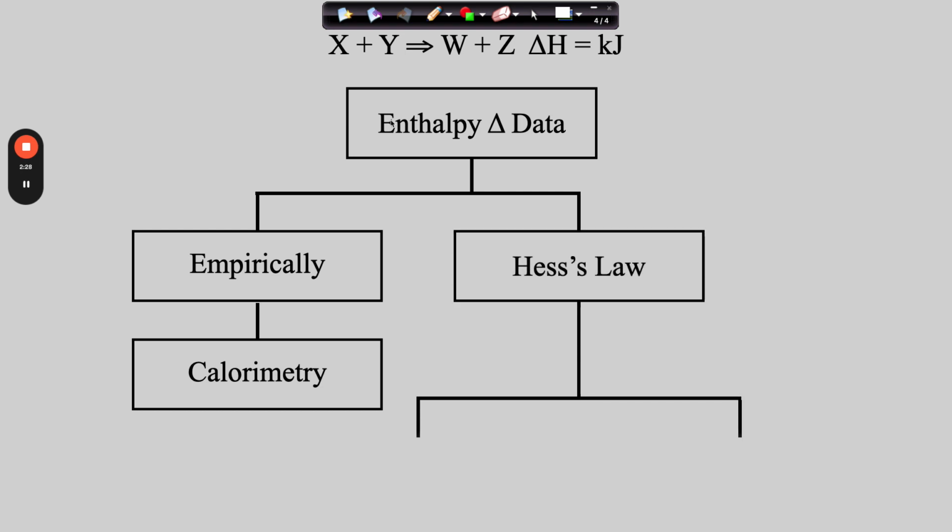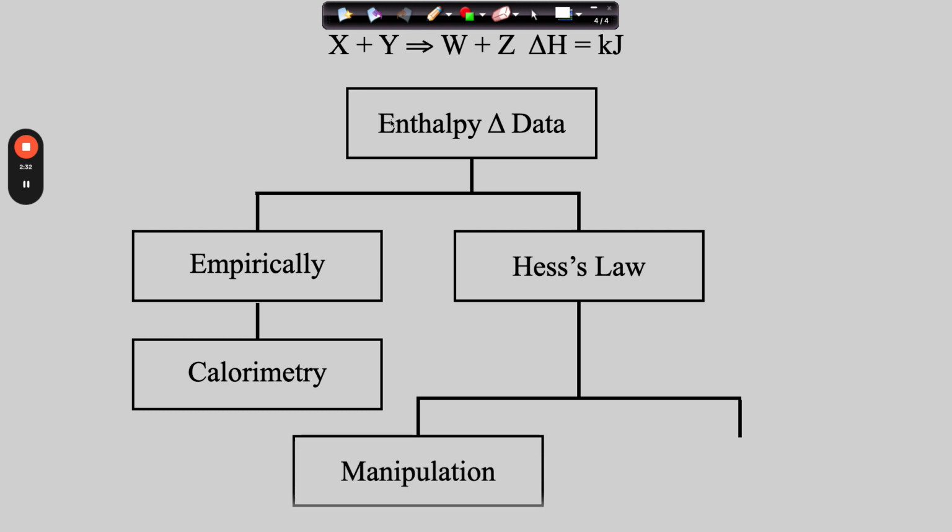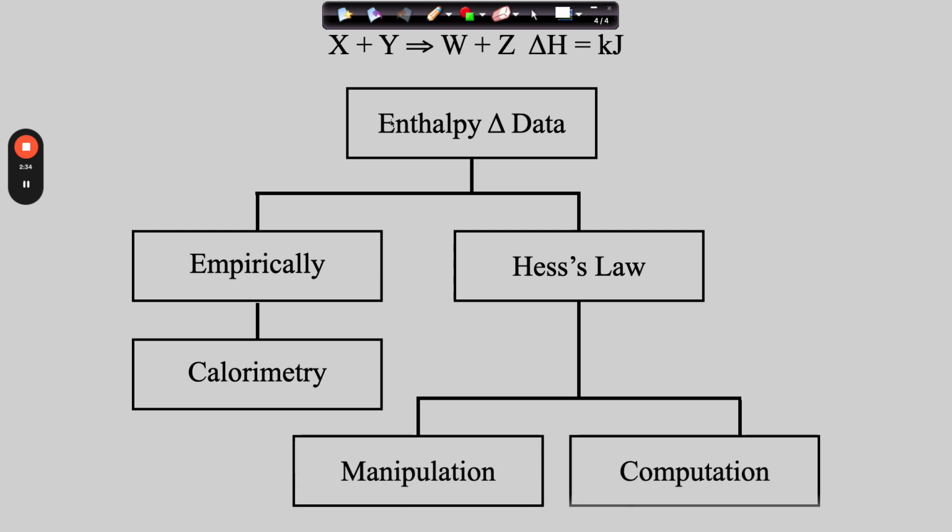We can also get this data through what's called Hess's law. That can happen one of two ways, through manipulation or through computation. What you're going to see is when I see you on Friday, we're going to talk about both of these. But guys, today we are going down the empirical way. What does empirical mean? Experimental evidence, and that's calorimetry. Got the idea? Here we go.